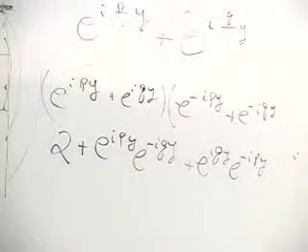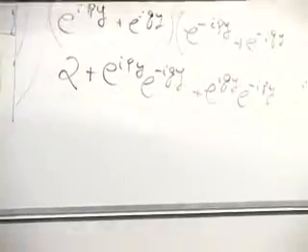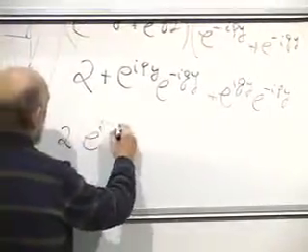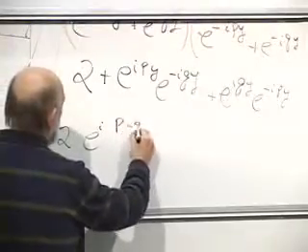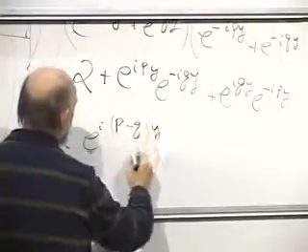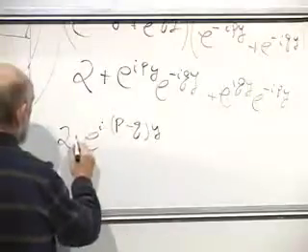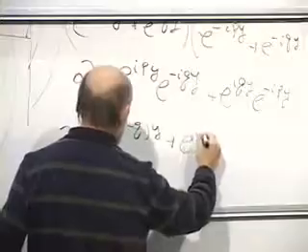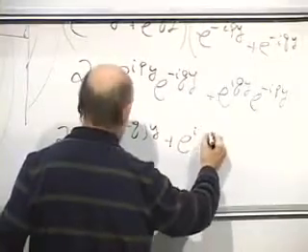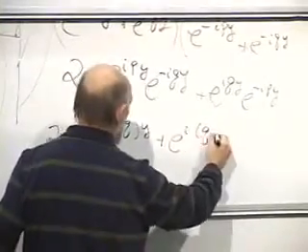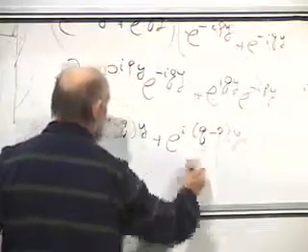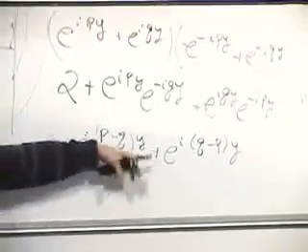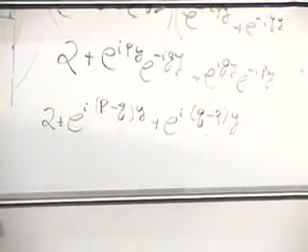Or to write it slightly differently, this is 2 plus e to the I (p minus q)y plus e to the minus I (p minus q)y. What is this? E to the I times something plus e to the I times the negative of that.